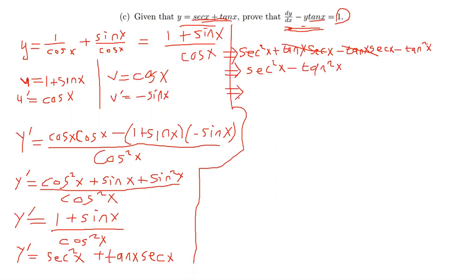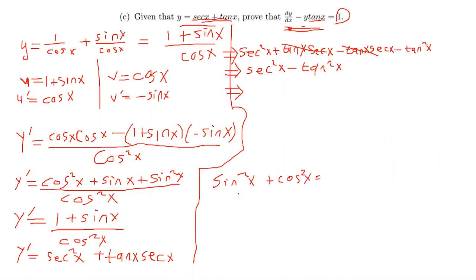Let's see whether it's going to give us a 1. From this identity, sine squared x plus cos squared x is equal to 1.